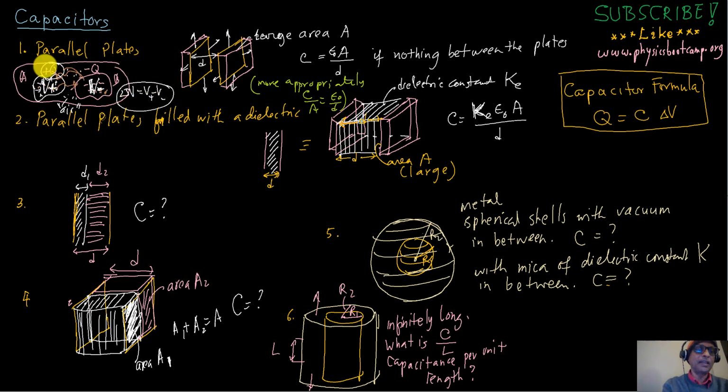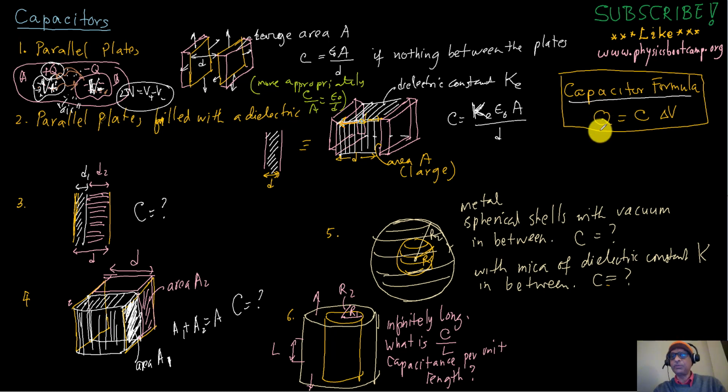So charge and V, their ratio is called capacitance. This two-plate system is called a capacitor. It can have more than two plates, but usually we deal with two plates. In the capacitor formula, Q refers to the charge on one of them, because they both have the same amount of charge except oppositely signed.